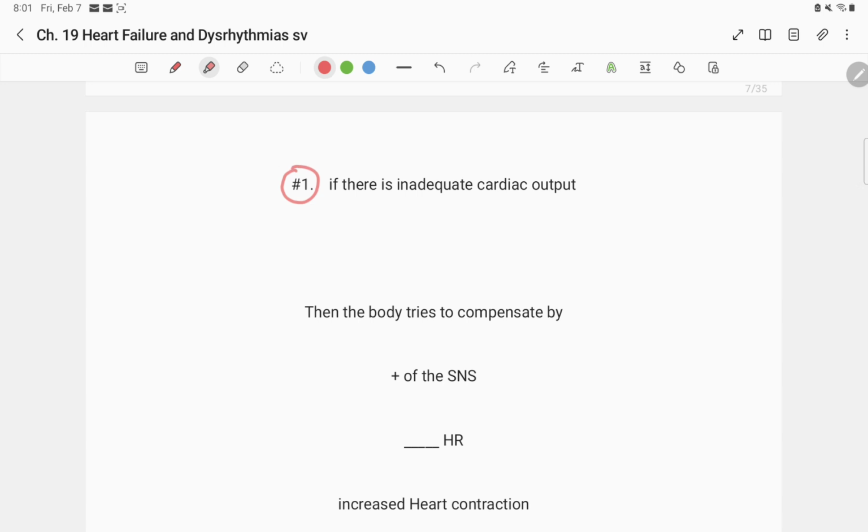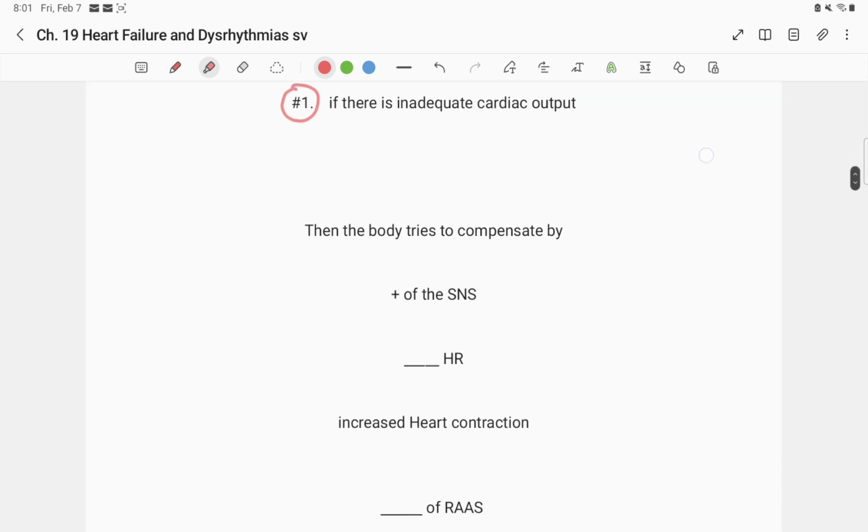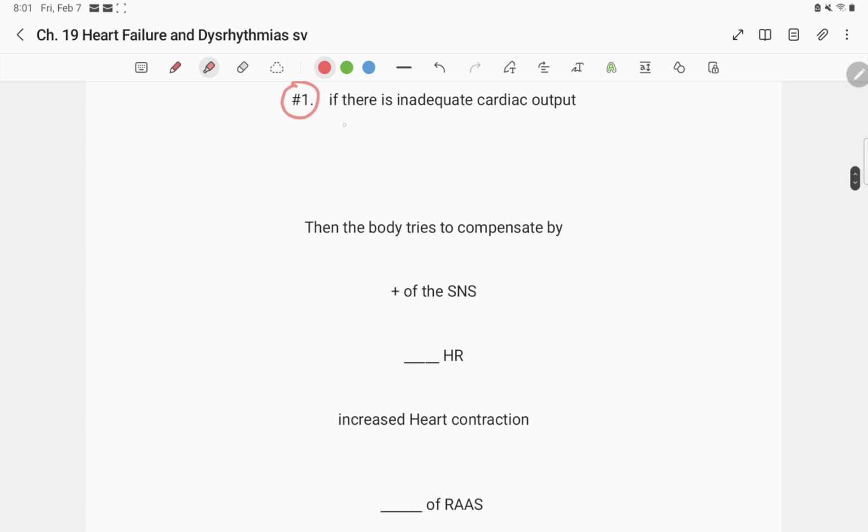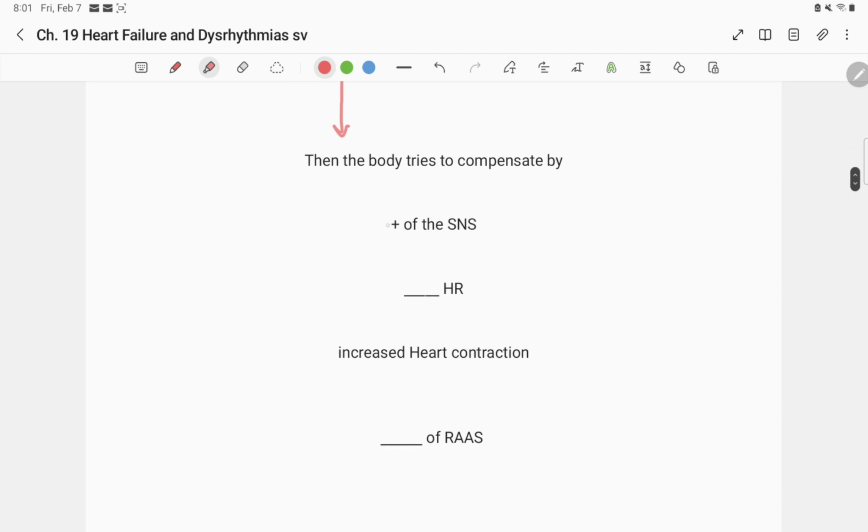All right, so number one here, if there is inadequate cardiac output, okay, then the body tries to compensate by activating the sympathetic nervous system. Okay, so this is your stress or fight or flight nervous system.